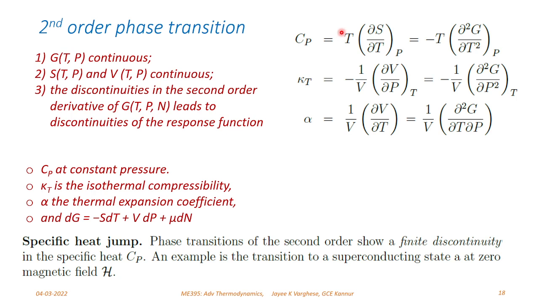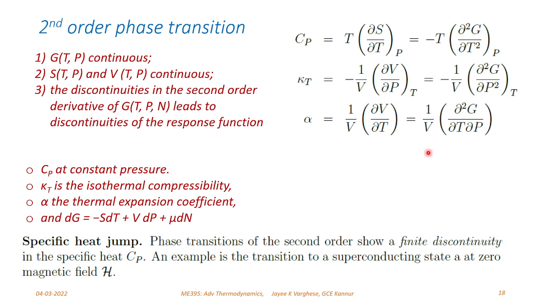So even though the entropy and the volume, the first order derivatives, are continuous, during the second order derivatives, typically in the superconductivity range, the values of Cp, Kt, and alpha change drastically.